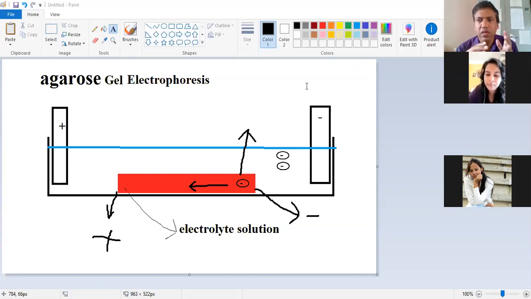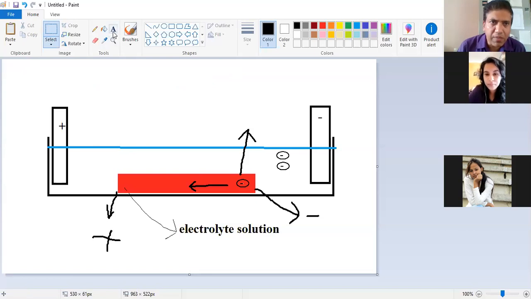In agarose, the gel formation occurs by physical means. That means you just take the agarose powder, boil it, and you will form a polymer. Now the electrolyte solution which we use in the agarose gel electrophoresis, we'll discuss about it.